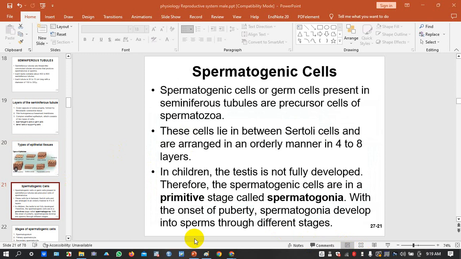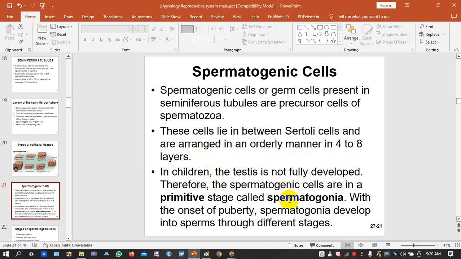So spermatogenic cells or germ cells present in seminiferous tubules are precursors of spermatozoa. I showed you that the cells are arranged in an orderly manner in 4 to 8 layers. In children, however, the testis is not fully developed.